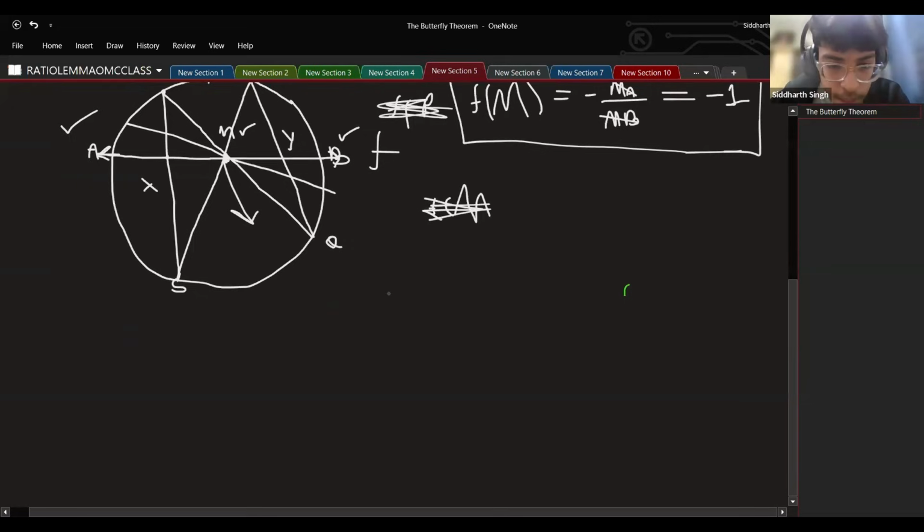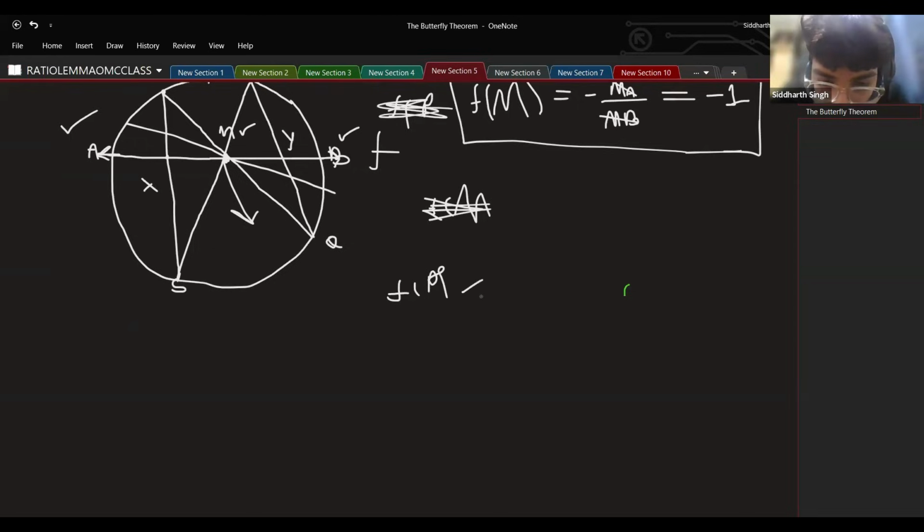f of p times f of q is equal to f of m, right? This is by the theorem. This is our first relation.